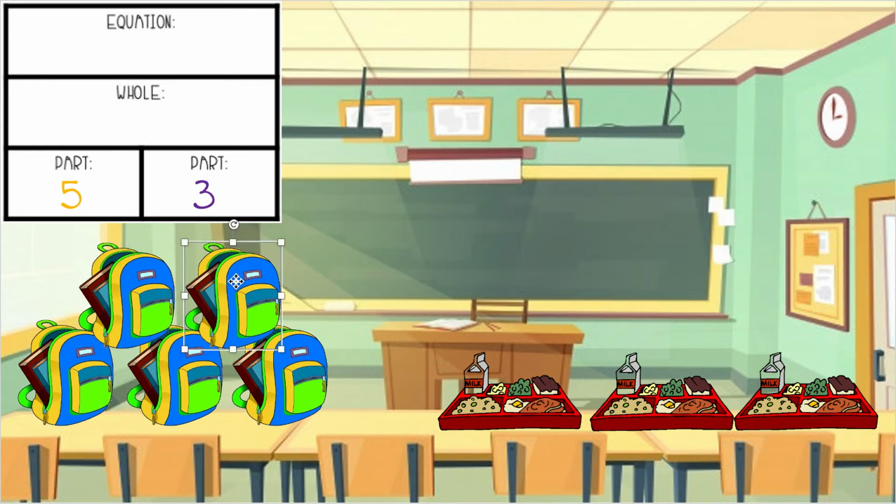I had 1, 2, 3, 4, 5, 6, 7, 8 things left behind in my whole classroom. So the 8 things that were left behind were 5 backpacks and 3 lunch trays. Now I can turn this into an equation. Remember, to turn this into a subtraction problem, we always start with the whole. So I'm going to start with the whole first.